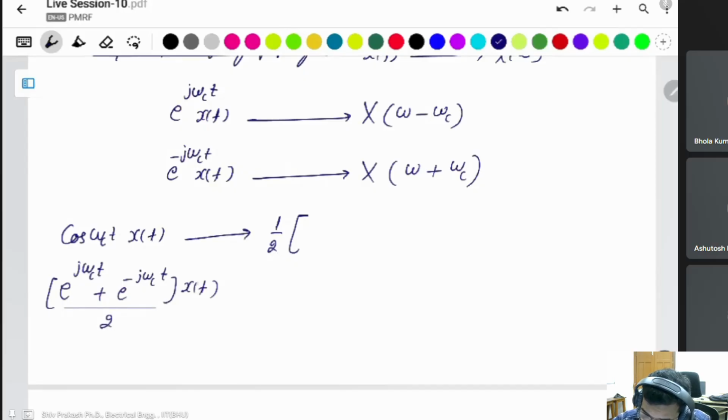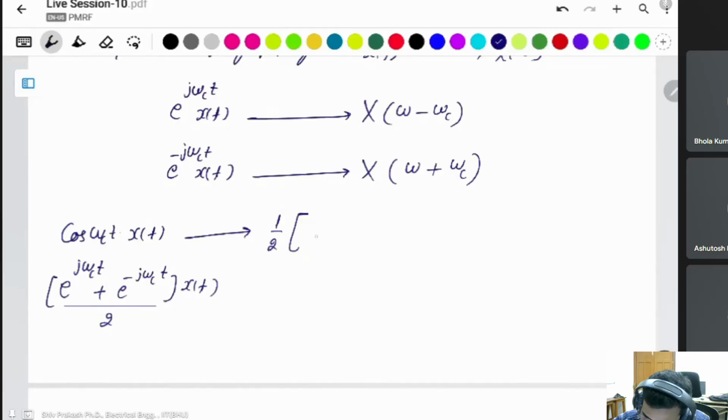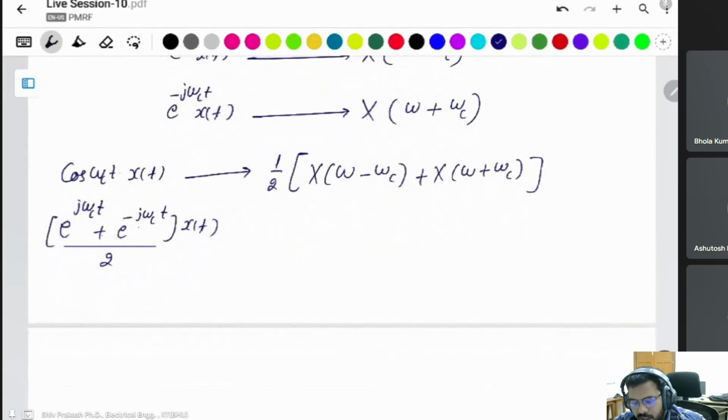Then x(t) has Fourier transform of X(omega), and x(t) e power j omega c t means X(omega minus omega c), plus X(omega plus omega c), which gives the advance of the frequency. If there is a cosine term in multiplication in your time domain, in frequency domain there will be a delay and advance both. It means the average of the advance and delay.